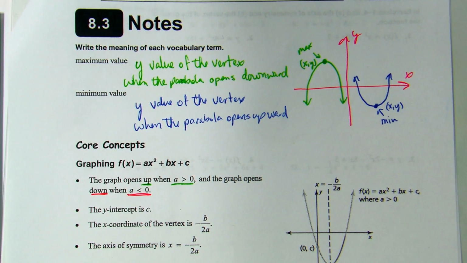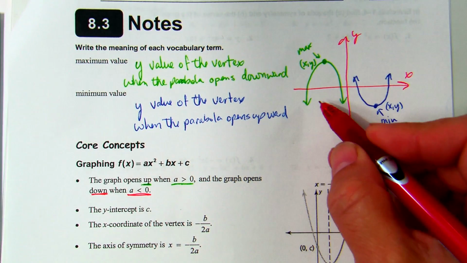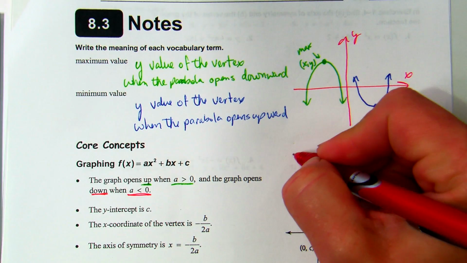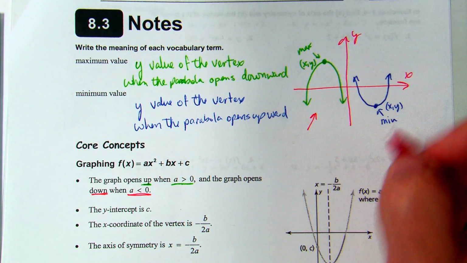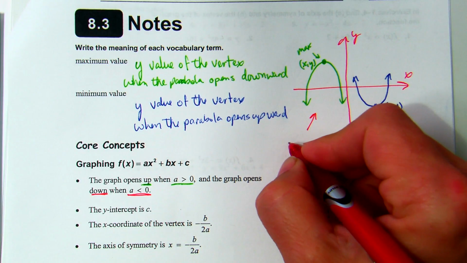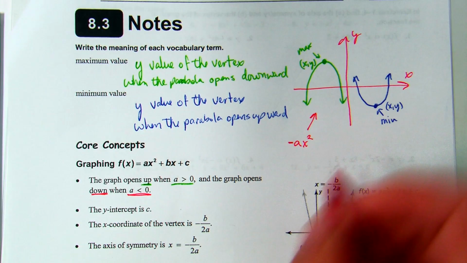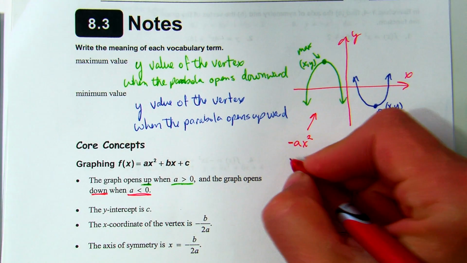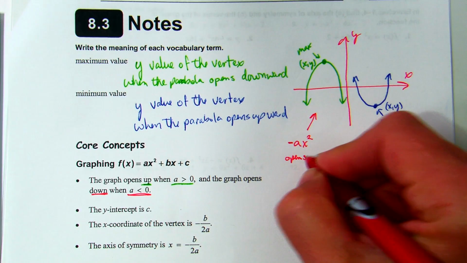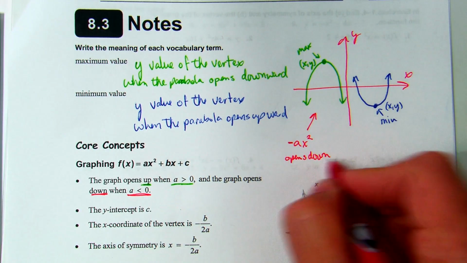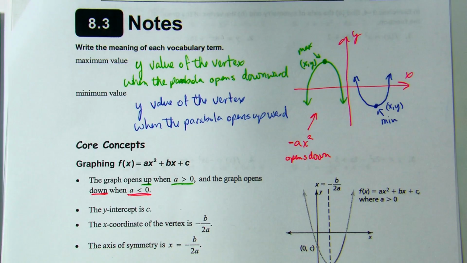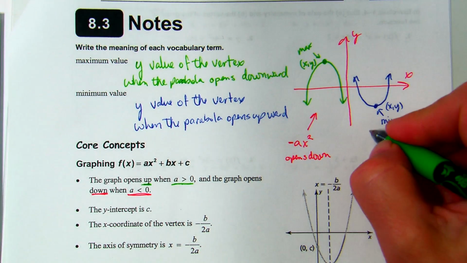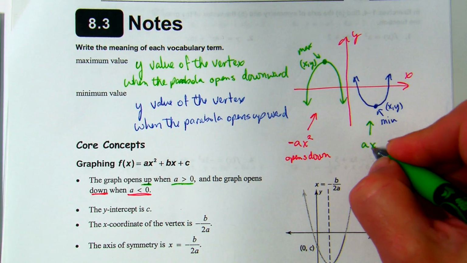All right, so in this case here, we'll just point back up to a graph that we have. If we point back up to this graph right here, you would have a negative ax squared, because a would be less than 0. The only way a can be less than 0 is if a is a negative number. Okay, so this one opens down. And then this one here, a is positive.